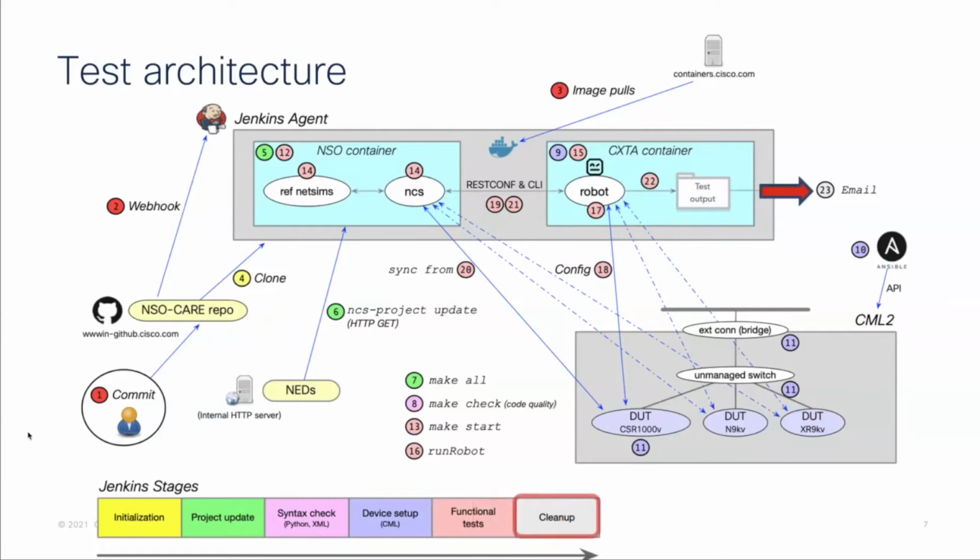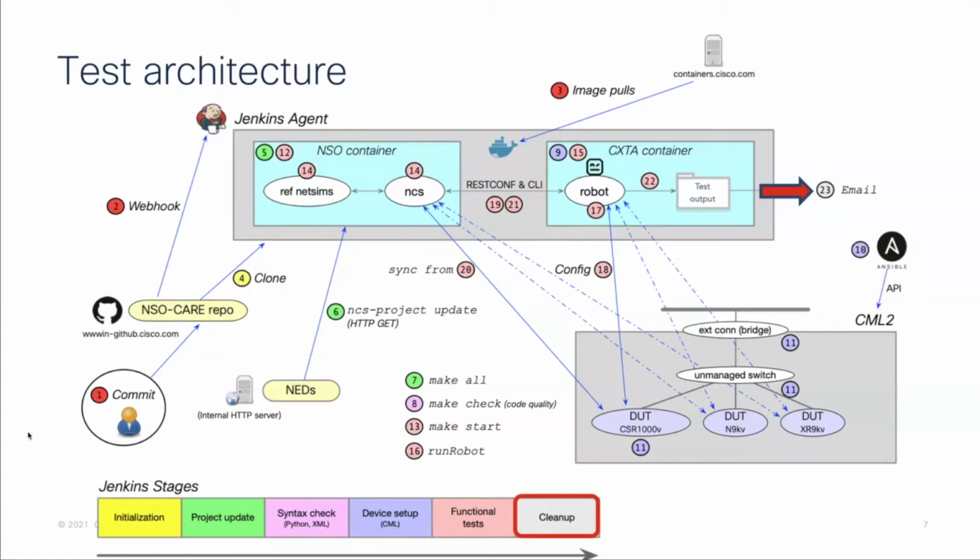And once all of this is done, all those tests are finished executing, then we'll tear down the NSO container, the CXTA container, and actually another stage, the cleanup stage, will launch another CXTA container that, again, uses Ansible to tell CML to tear the whole test environment down and exit.